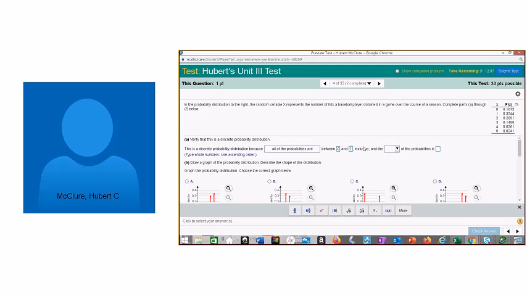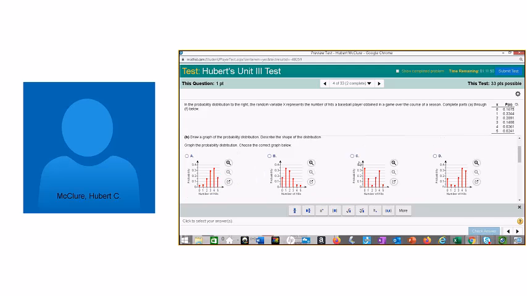And the sum of the probabilities is equal to what? 1. And we said it was a little bit skewed left, right? No, skewed right. So which one of these looks a little bit skewed right?